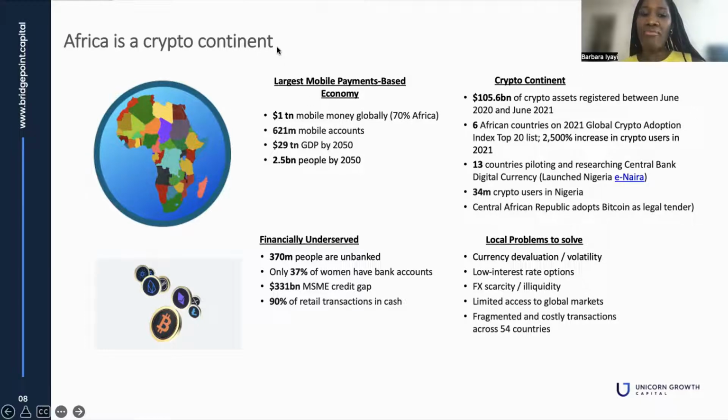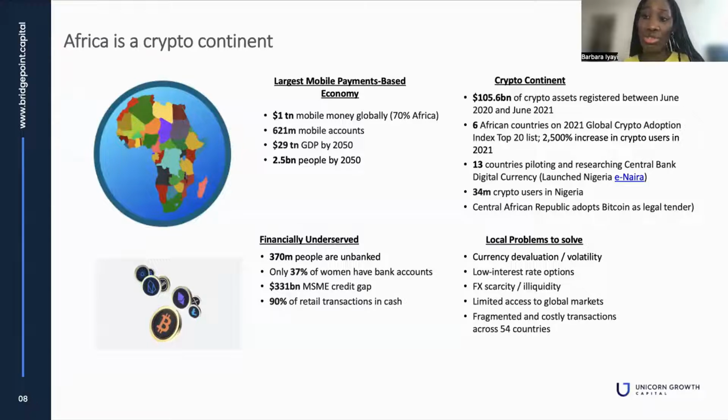It's also a very large, largely financially underserved market, right? 370 million people are unbanked. And so they're eager for the crypto opportunities, the DeFi opportunities that we've just been talking about. And we've seen the result of this. Six countries in Africa are constantly listed in the top 20 high crypto adoption list. 13 countries are already exploring central bank digital currency.